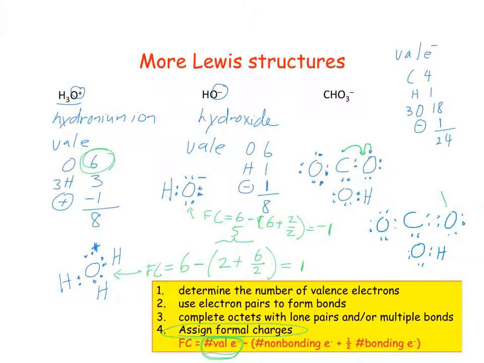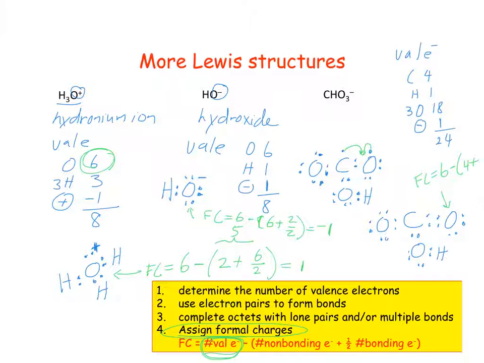Let's start with this oxygen over here. This one has a formal charge equals the valence, which is 6, just like we did before. We're going to subtract from that all the non-bonding, so it has 4. We're going to add to that half of the bonding, so it has 4 bonding electrons right here.